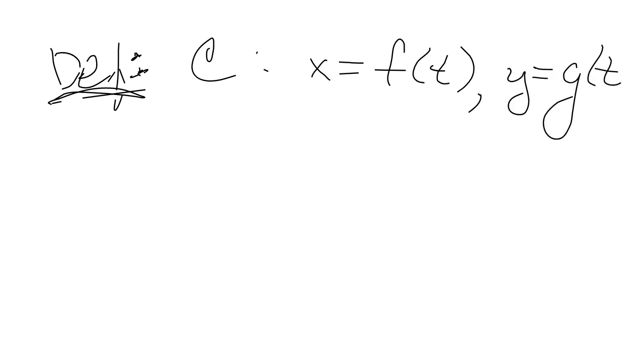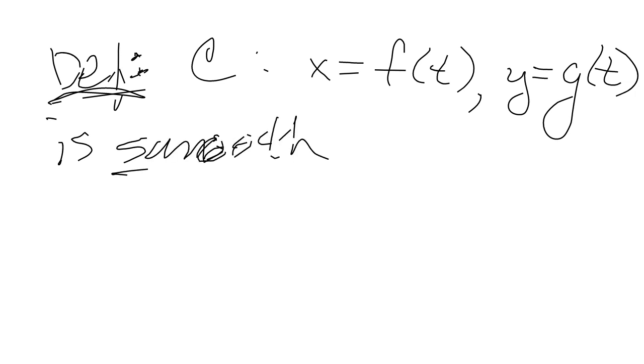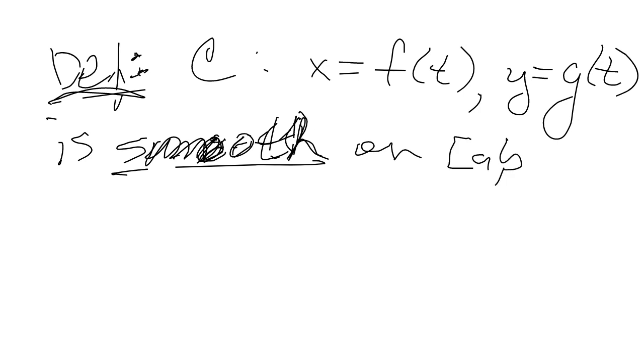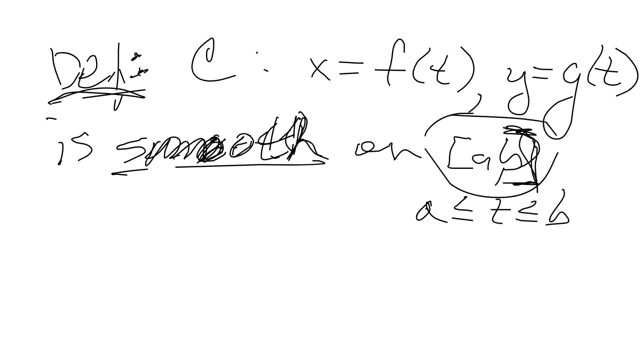That gives a plane curve C is smooth on the closed interval a to b. So t is an element of a to b, right? So this means a is less than or equal to t is less than or equal to b.